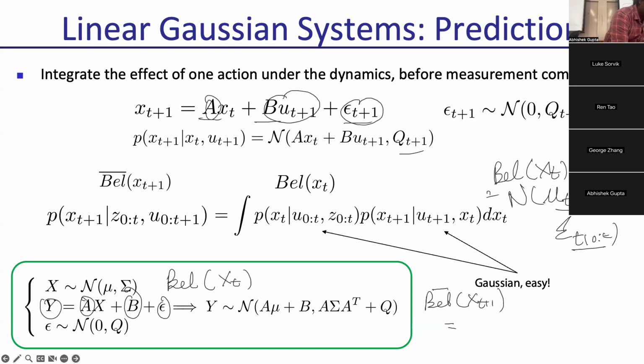It's going to be a Gaussian with mean A mu plus B u t plus 1. Perfect.